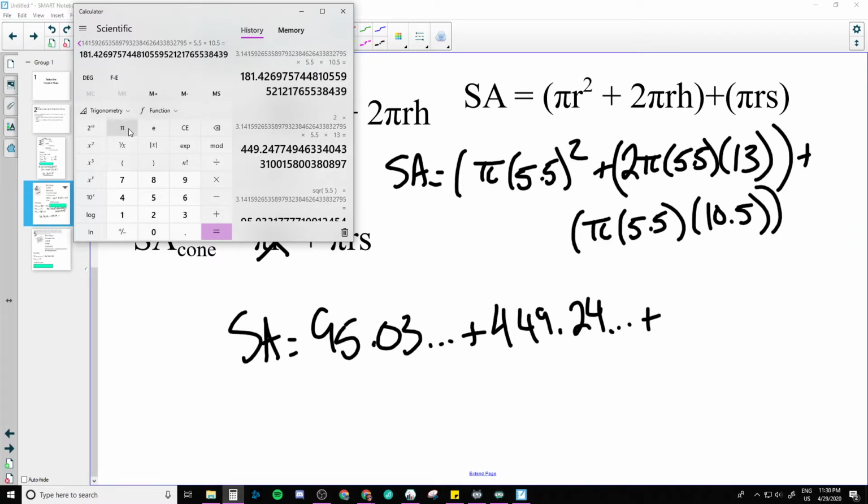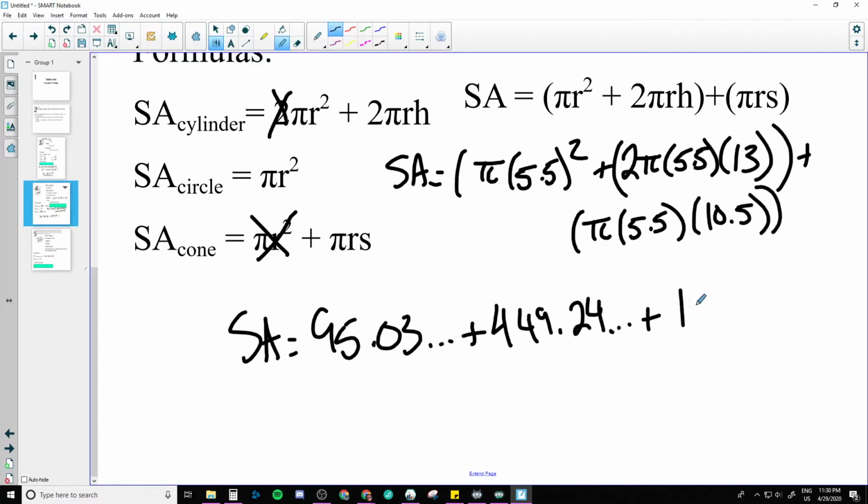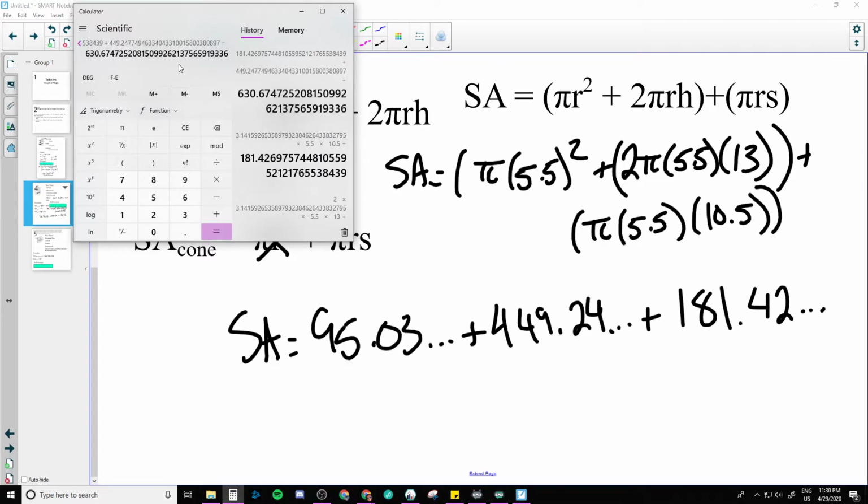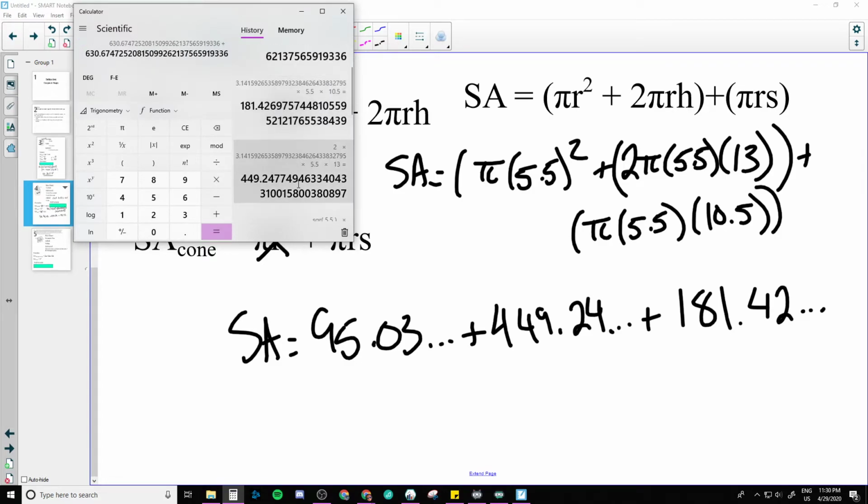And that gives us 181. And now we can add all of these together. We're going to copy this one over, add this one here, and we're going to add the first one.